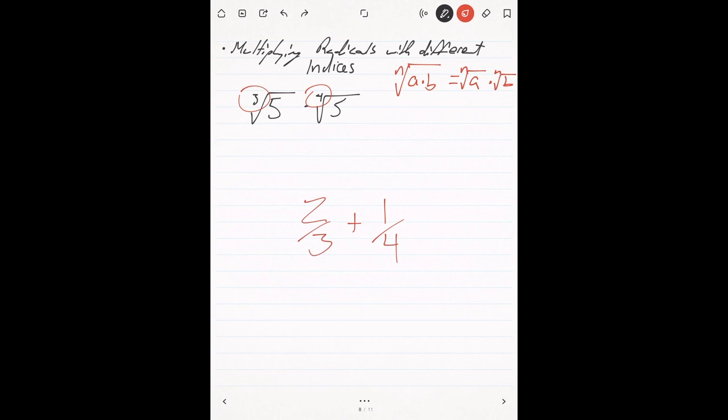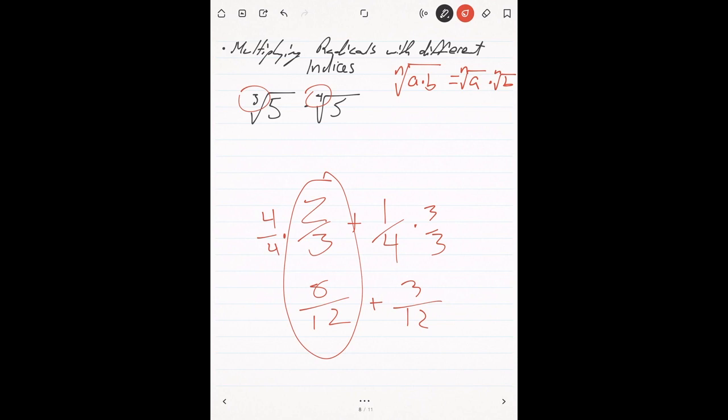And back in elementary school, we learned how to make them the same denominator. So we might, for example, multiply the top and the bottom by 4 to get 8 over 12. And this by 3 over 3 to get 3 over 12. We said 2/3 and 8/12, they're the same thing. 1/4 and 3/12, those are the same thing as well.